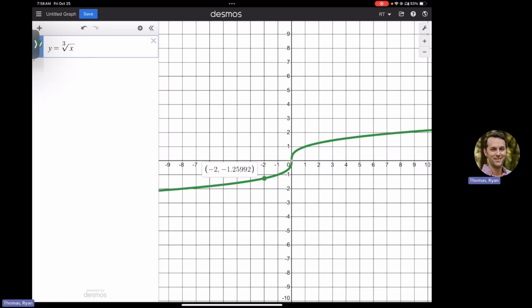Now with a cube root, we're talking about splitting a thing into 3 equal pieces, which means that negatives are okay, right? The cube root of -8, for example, is -2 because -2 times itself 3 times gives you -8. So we don't have the same kind of domain restrictions or issues with imaginary numbers for a cube root that we do for a square root.